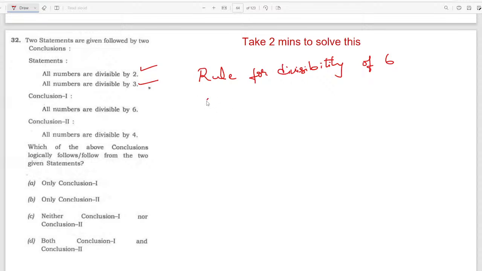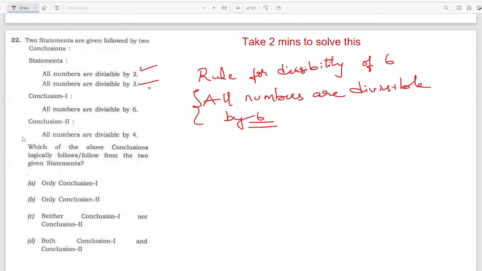So all numbers here are divisible by 6. Because all numbers are divisible by 2 and because all numbers are divisible by 3, all numbers are divisible by 6. So we can conclude this, that all numbers are divisible by 6.